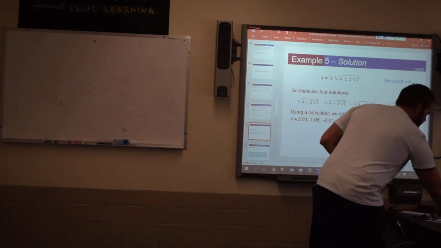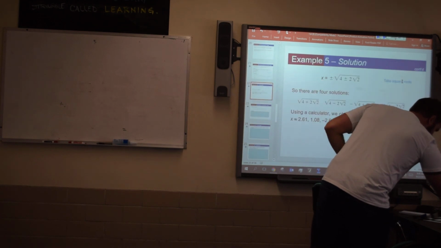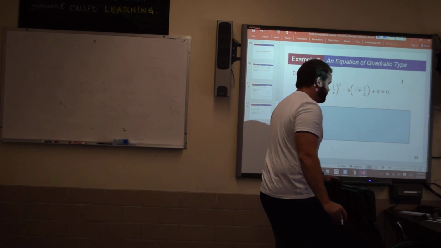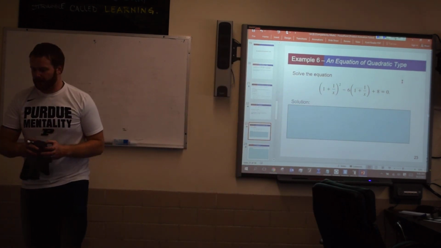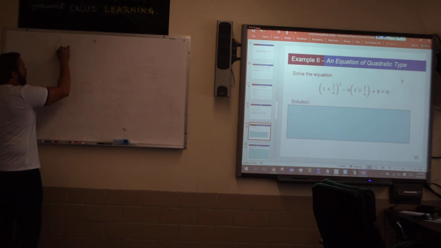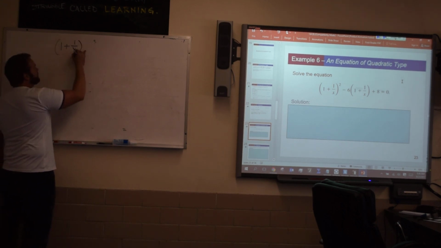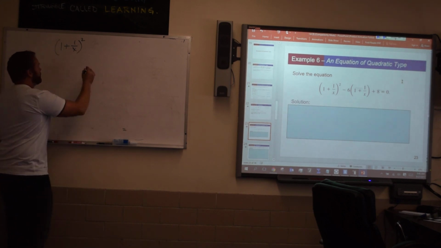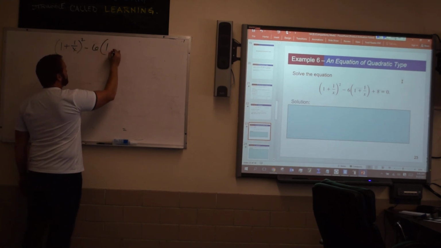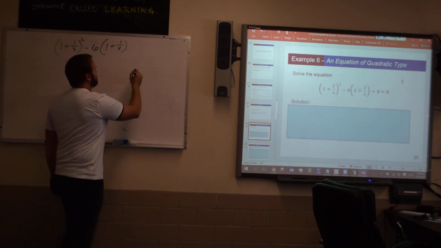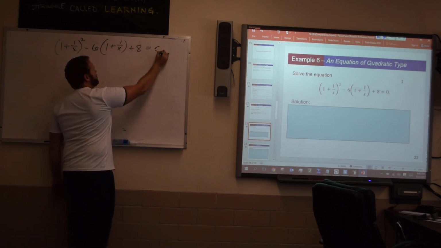Let's do one. I think this one's kind of ugly. Okay. If we look at that, 1 plus 1 over x, squared, minus 6 times 1 plus 1 over x, plus 8 equals 0.